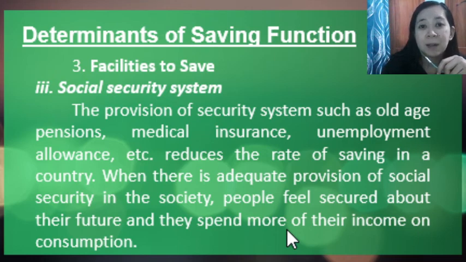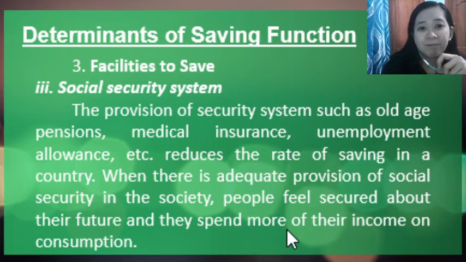For example, if they retire, or if they have sickness, they have medical insurance, or if they become unemployed, there will be allowances. But again, these are minimum. This provision is not enough for you to survive in the long period. Probably it will last for months, but not for years.